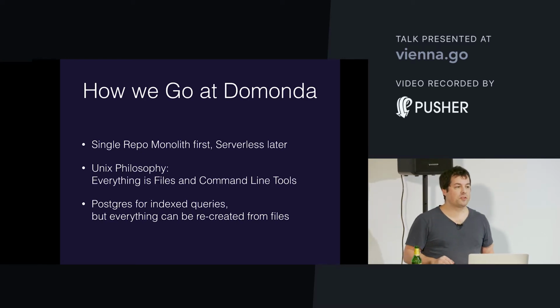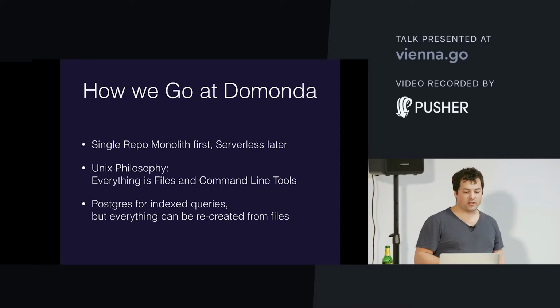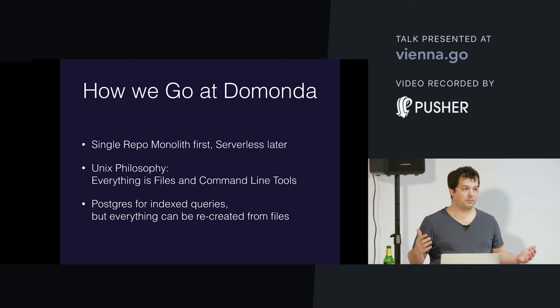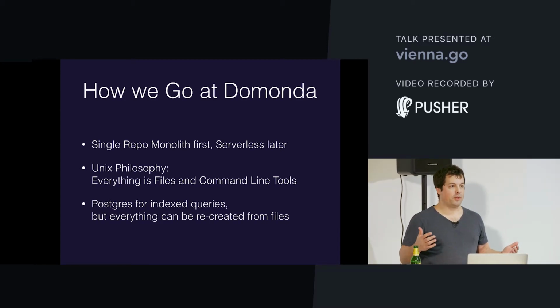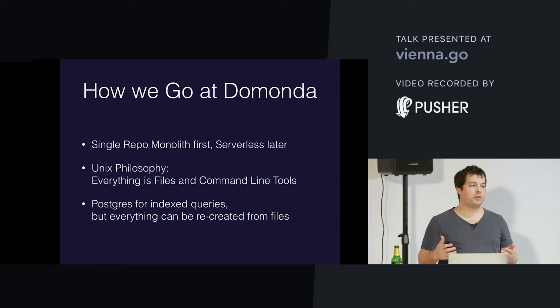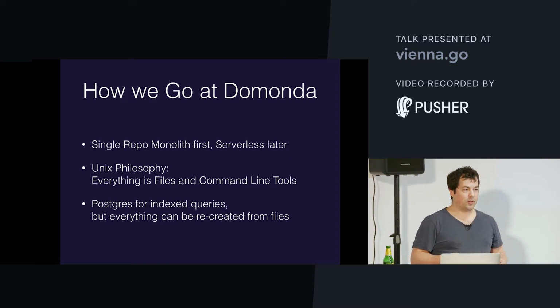We are very strongly following the UNIX philosophy, so everything is a file and command line tools. That's basically all we are using. Everything you can do at Domonda with our data, you can do with files and command line tools.